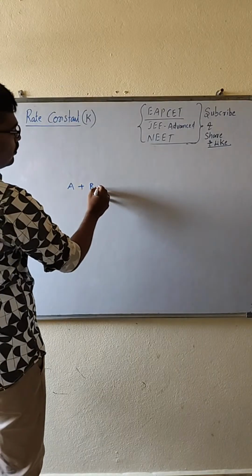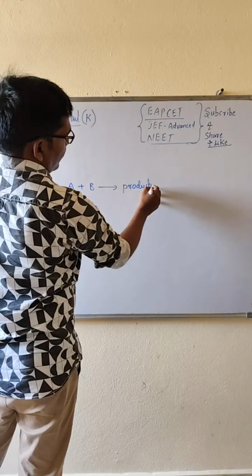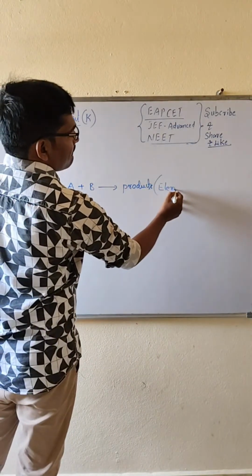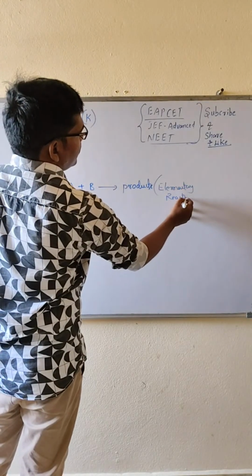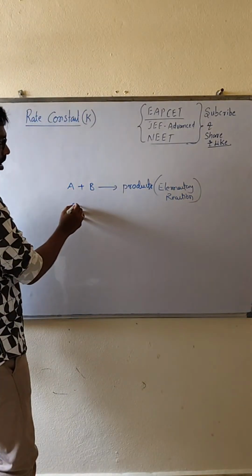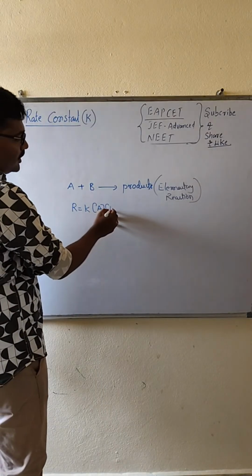If x and y are 1, then it is one of the elementary reactions. Just remember, an elementary reaction is nothing but a single step reaction, where the stoichiometry coefficients are also 1 and 1. Then r equals k into A power 1, then B power 1.